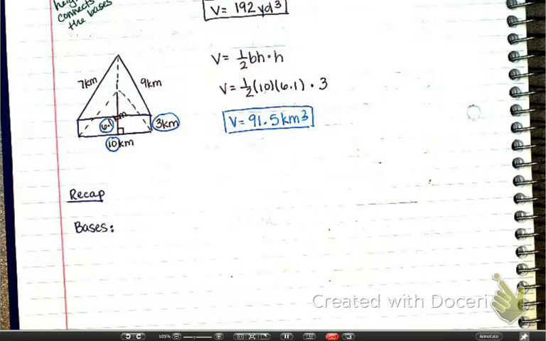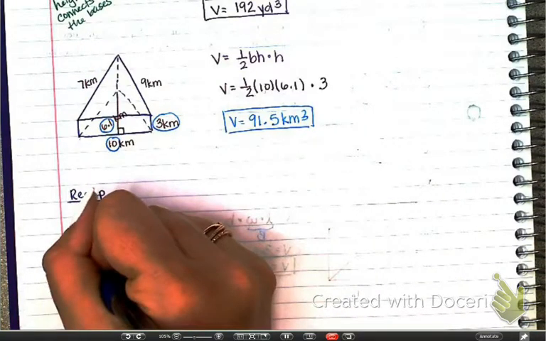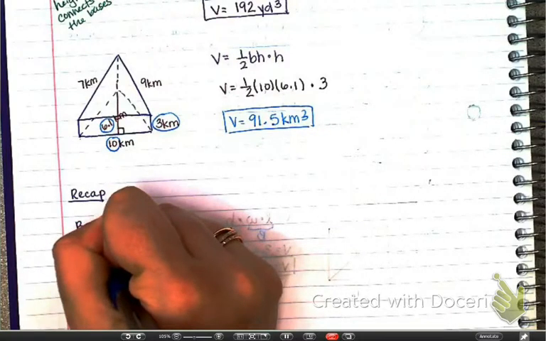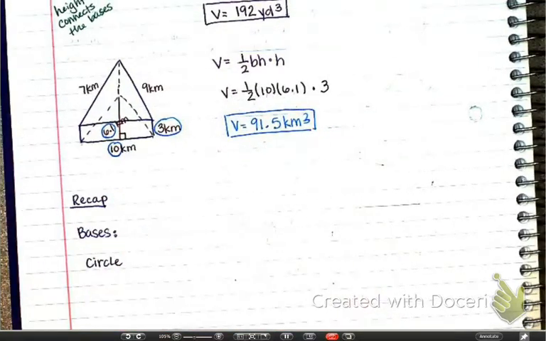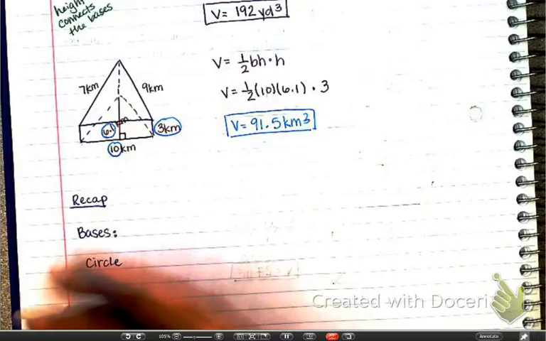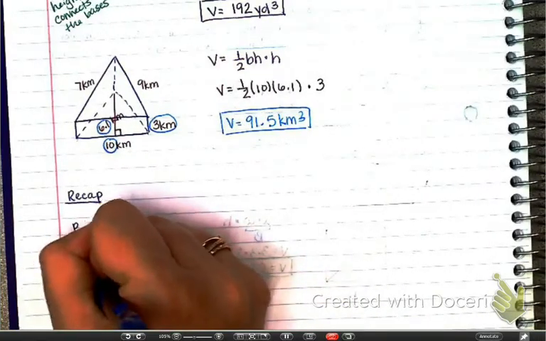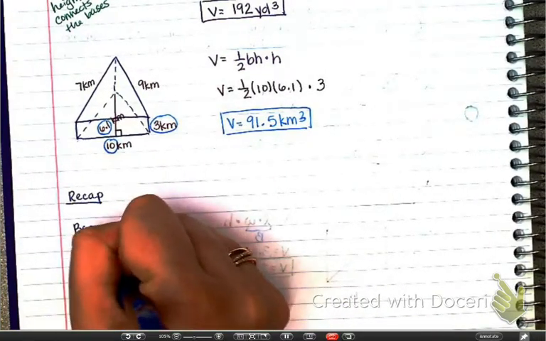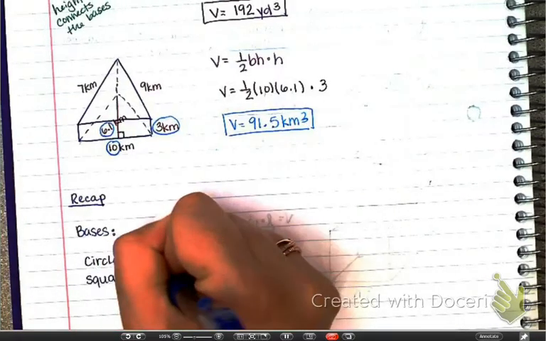What shapes of bases did we have in this lesson? Circles. What else? A square, and I'm going to say square rectangle because it could be a rectangle too. And a triangle.